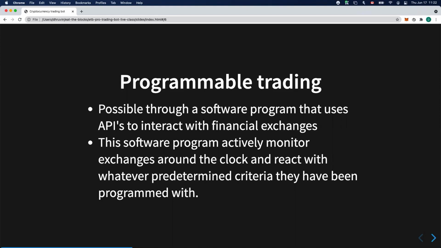So that's where programmable trading, also known as a trading bot, comes to the rescue, where you can ask your trading bot to fetch the price from this exchange, fetch the price from that exchange. You can teach your trading bot the logic which will mean that there is an arbitrage opportunity. Once you have that arbitrage opportunity, then you can trigger another logic. For example, I'll show you in one of the demos that one thing could be you can just ping some messages to your Telegram message bot, right?